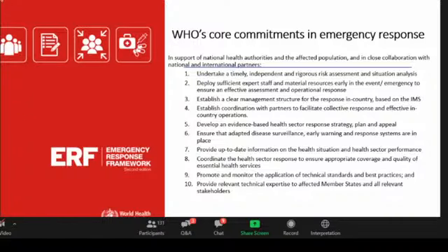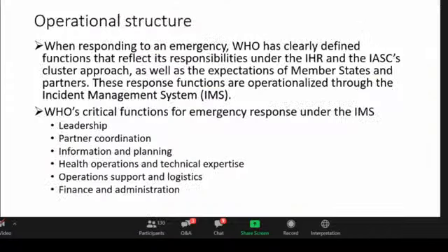Then there is the statement about our operational structure: when responding to an emergency, WHO has clearly defined functions that reflect its responsibilities under the IHR and the Inter-Agency Standing Committee's health cluster approach, as well as the expectations of member states and partners.